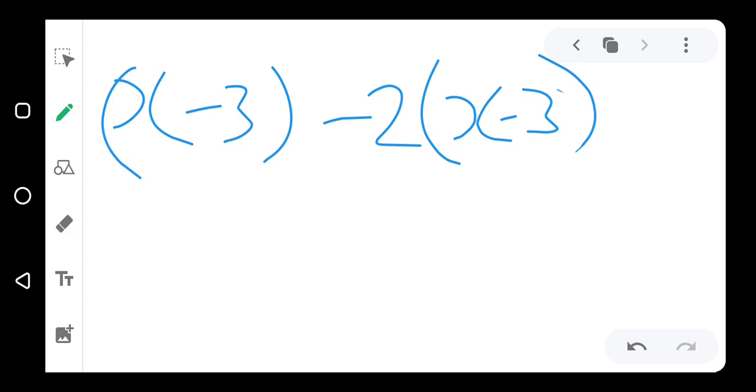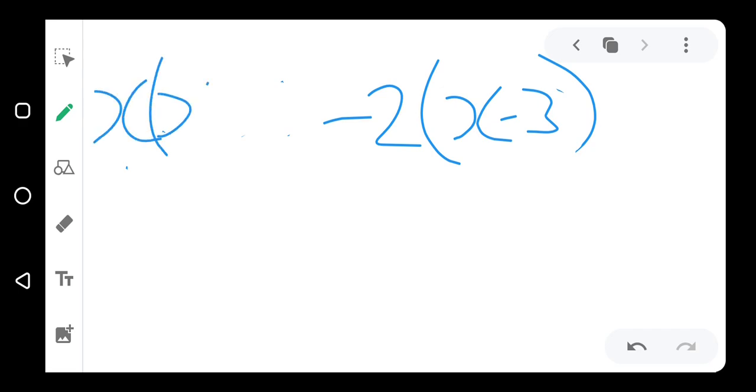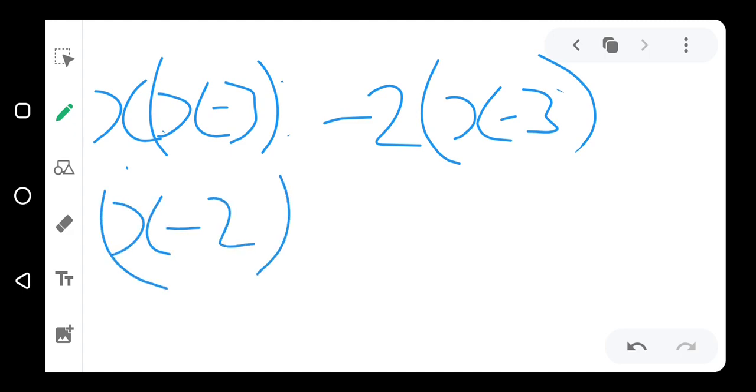So with this, we have x outside the bracket in the first one: x bracket x minus 3. So we collect the terms outside brackets. We have x minus 2, and then we take one of the brackets, since we have the same thing inside the brackets: x minus 3.